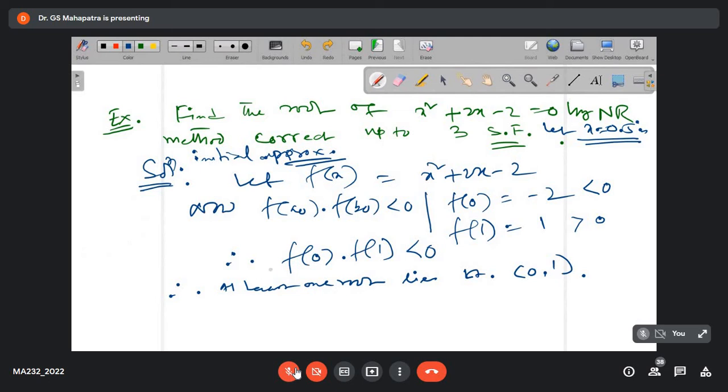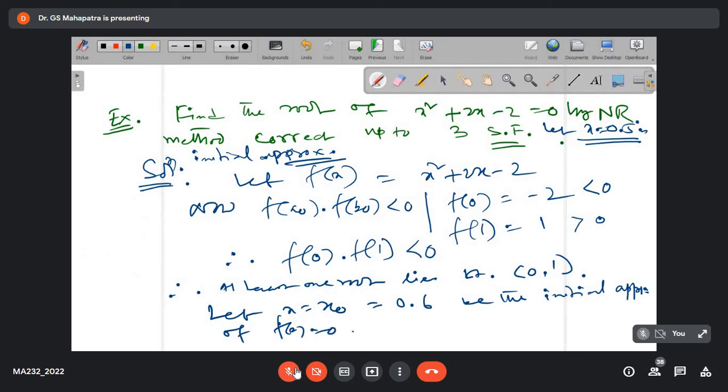Now let x equals x naught equals 0.6 be the initial approximation of f of x equals 0.